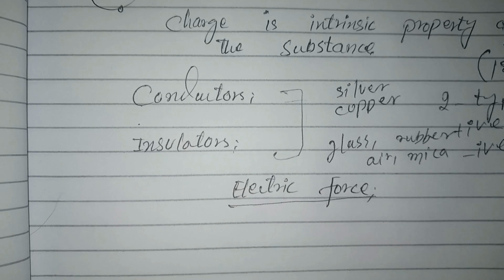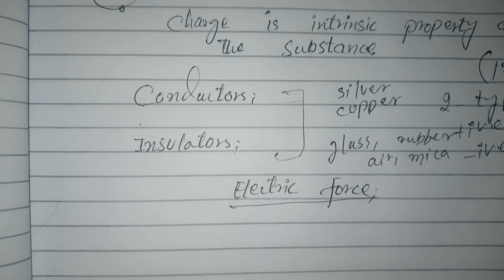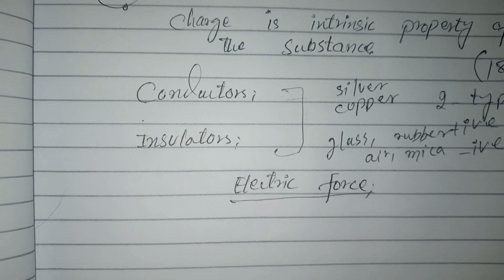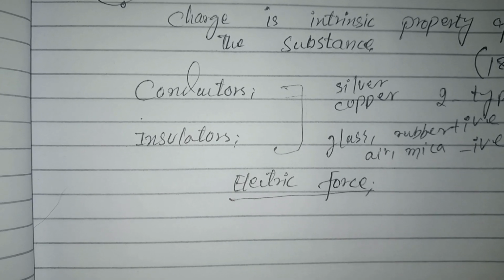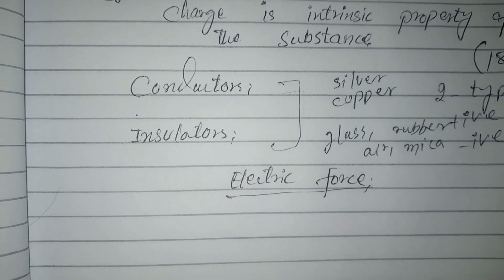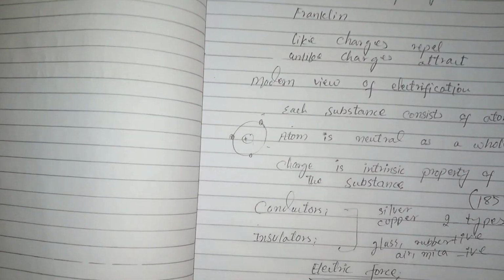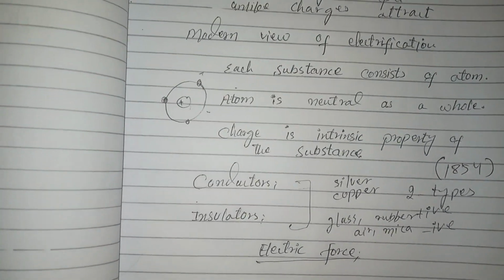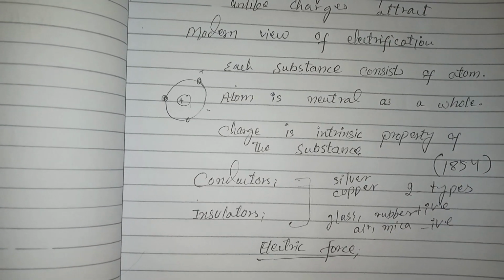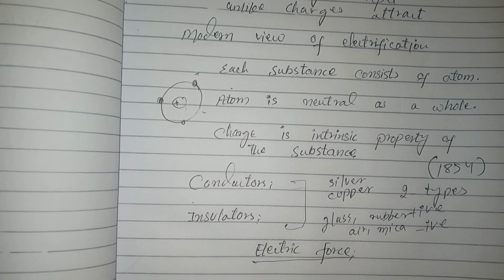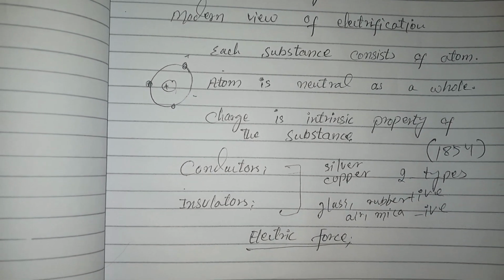The human body is entirely made of atoms and molecules, so our existence is bound by the electric force. So this is all about the first topic: electric charge, its types, the traditional view, the modern view of electrification, and a short description of conductors, insulators, and electric forces.